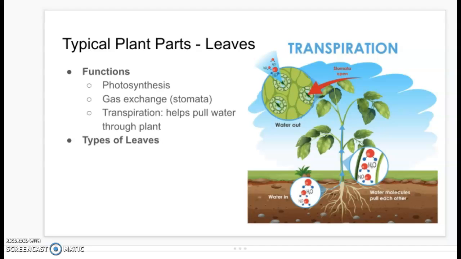Another thing that I mentioned in our lesson was transpiration. So transpiration is part of the water cycle that allows the plant to release water through the stomata. It is interesting because the water actually comes in through, obviously, the root system.